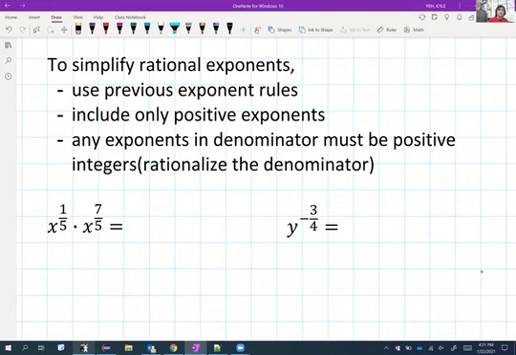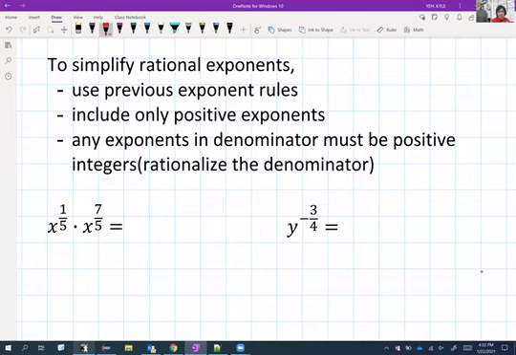We'll have to get rid of that negative. And any exponents in the denominator must be positive integers. In other words, rationalize the denominator. I'm going to demonstrate what that means and why, and I think you'll see it pretty quickly after one example.